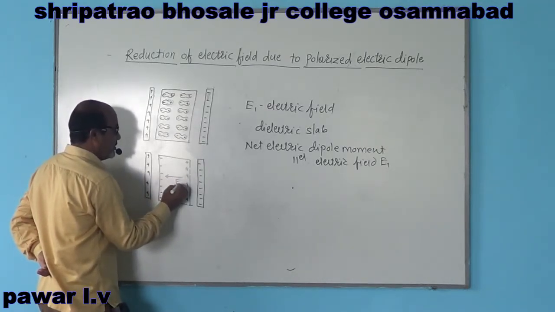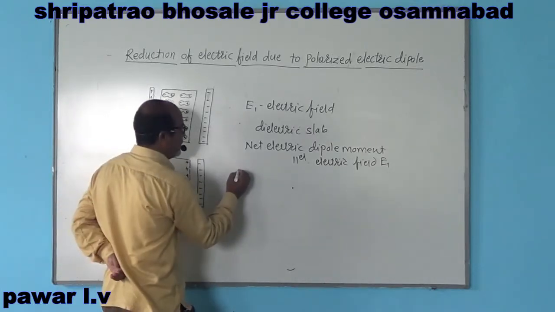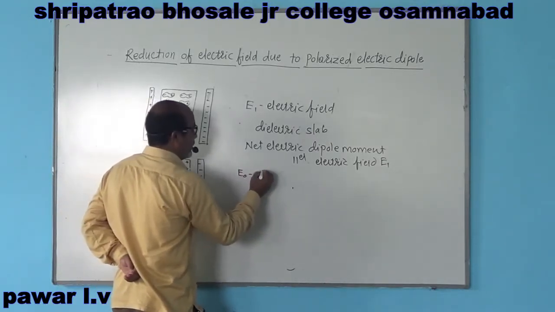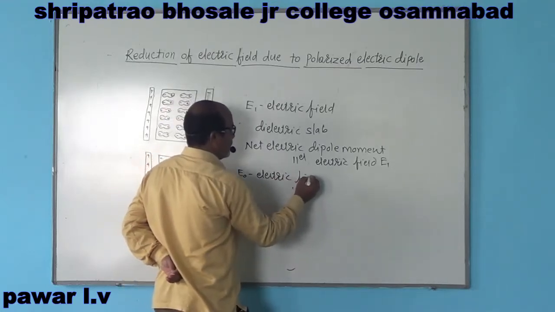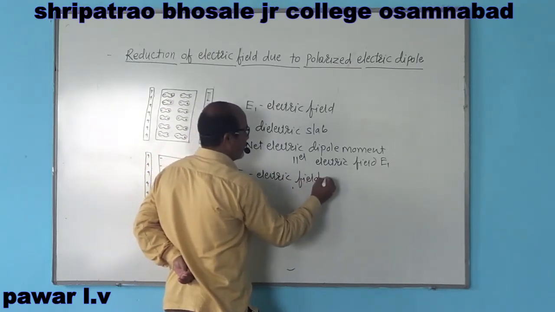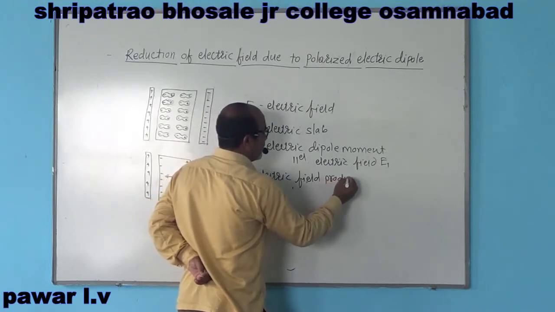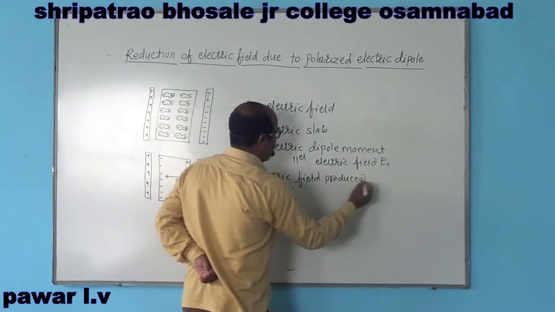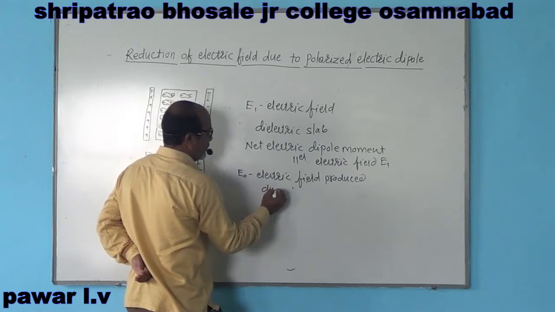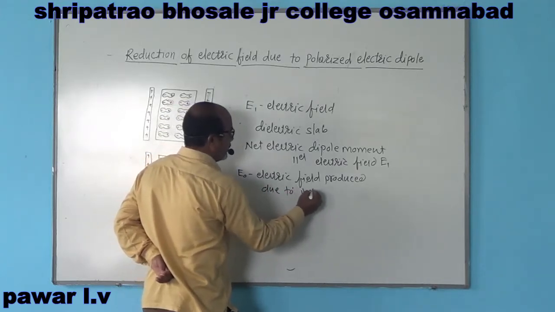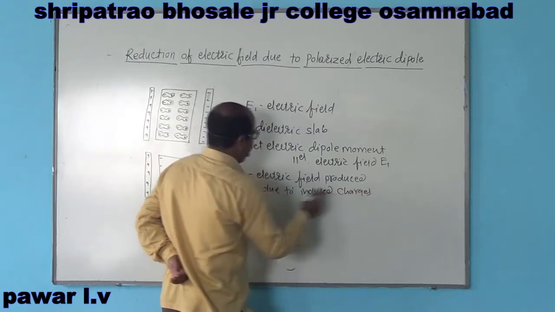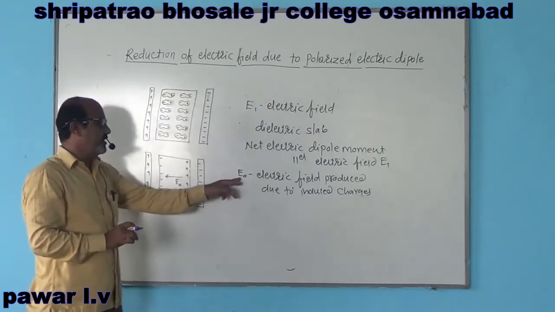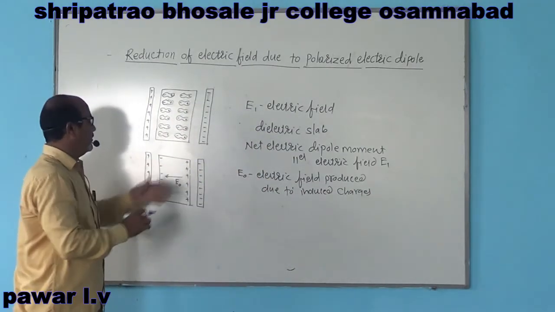Let it be E0. So E0 is electric field produced due to induced charges, and this electric field is in opposite direction to that of applied field.